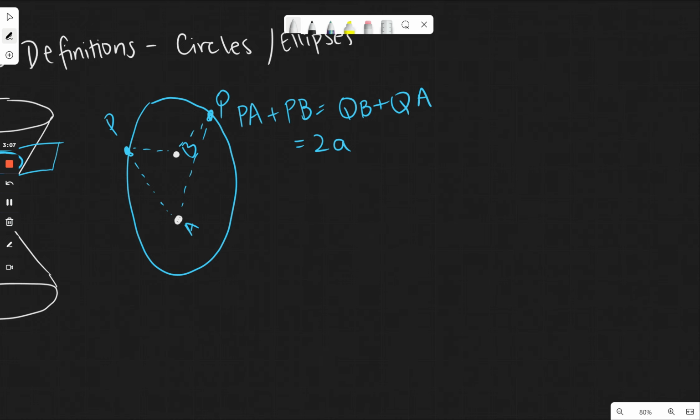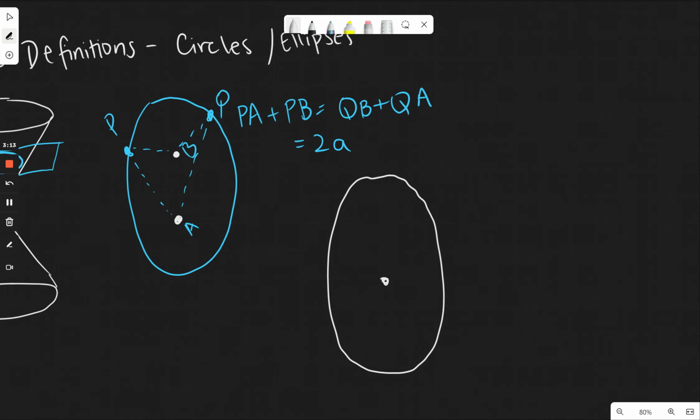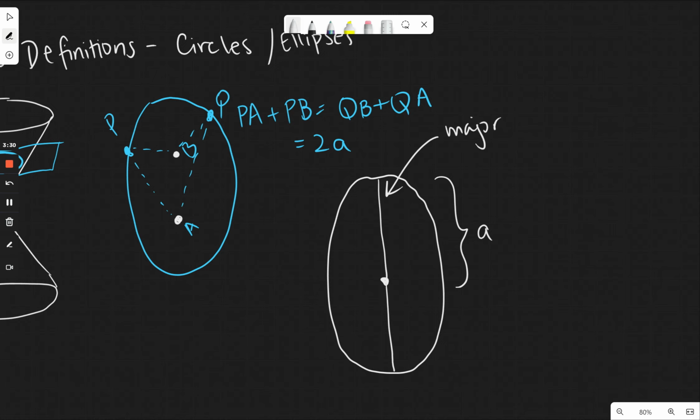Okay, good enough. This is our center. a is actually this length right here. That's called the semi-major axis, and the length of that is called a. And so naturally, the whole major axis is going to be 2a. The length of that is going to be 2a.